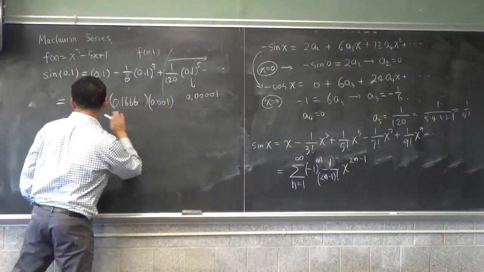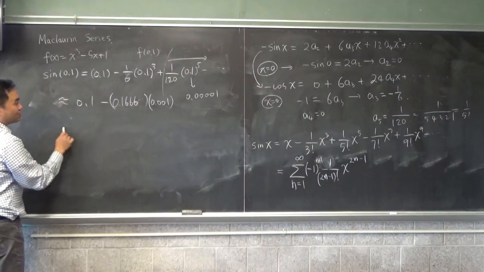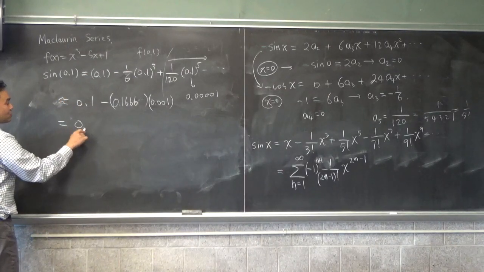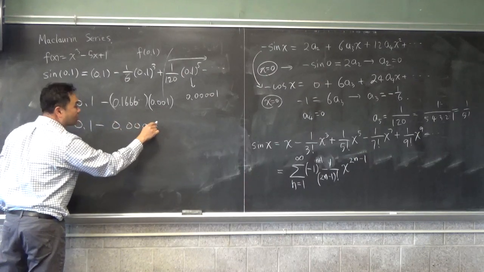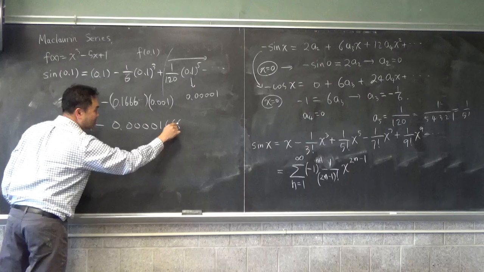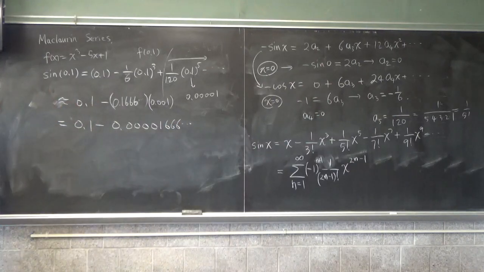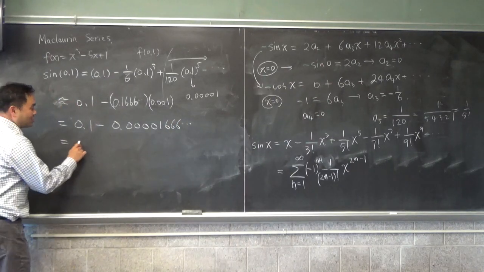And we say this is the approximate value. So this is like 0.1 minus 0.0000166, like that.